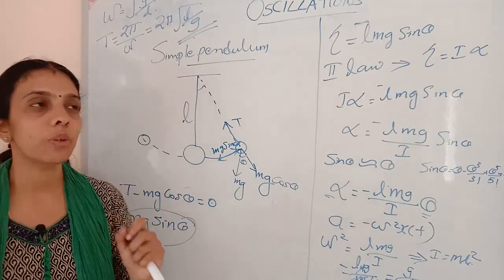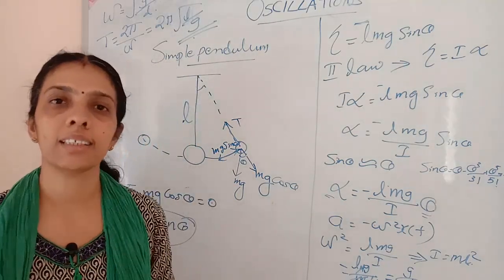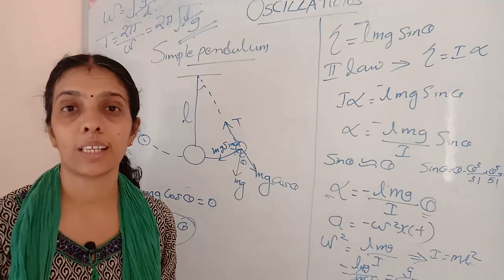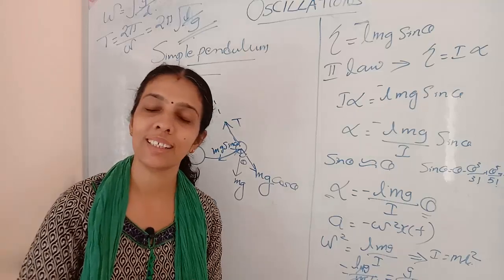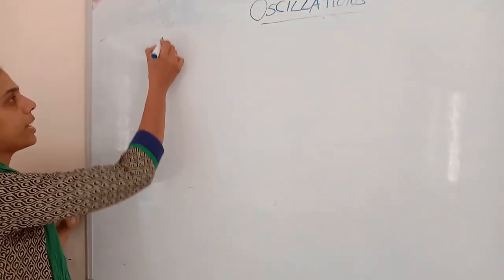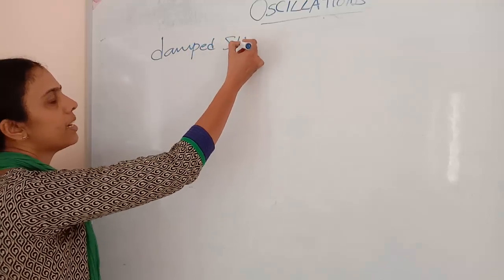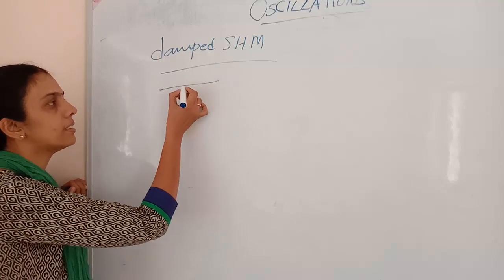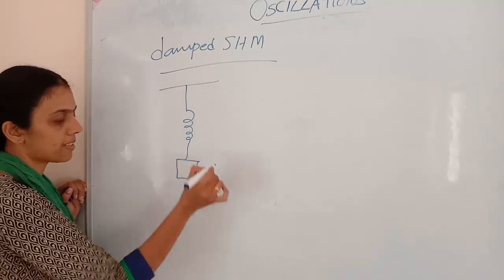If we give a small force and release, after some time it will come to rest position, and that is called damping. Next we are going to study about that damping. So next is damped SHM. Suppose I am considering a helical spring, a spring with a support, and a small mass is here.